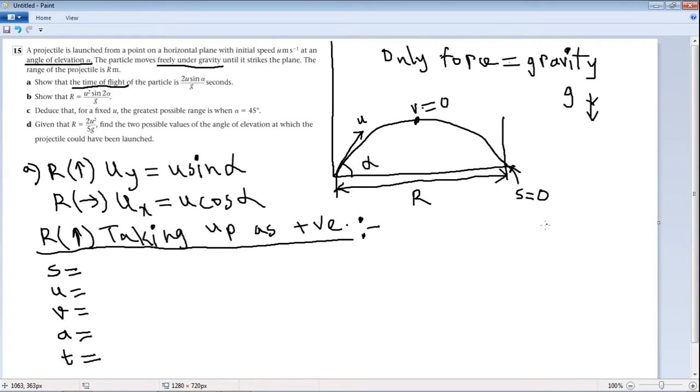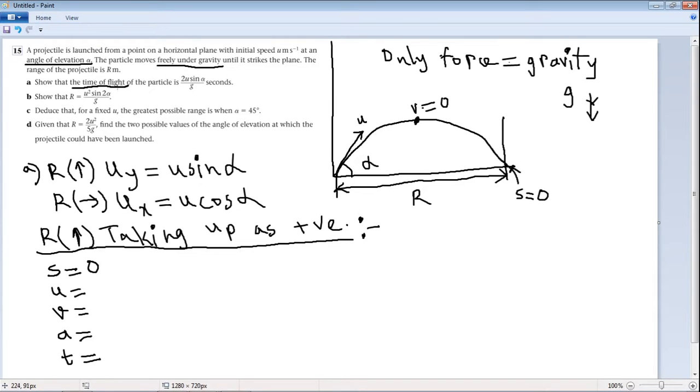At the 0 displacement we will get the time of flight. Okay, so we will remember this. So we'll consider s equals 0, since displacement is 0 at the time of flight.